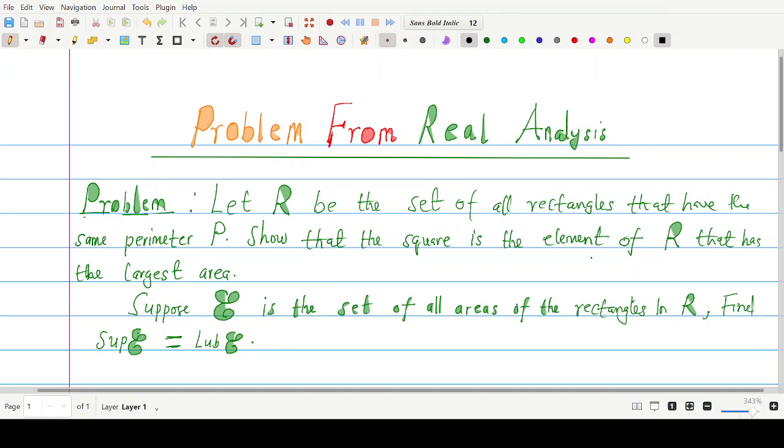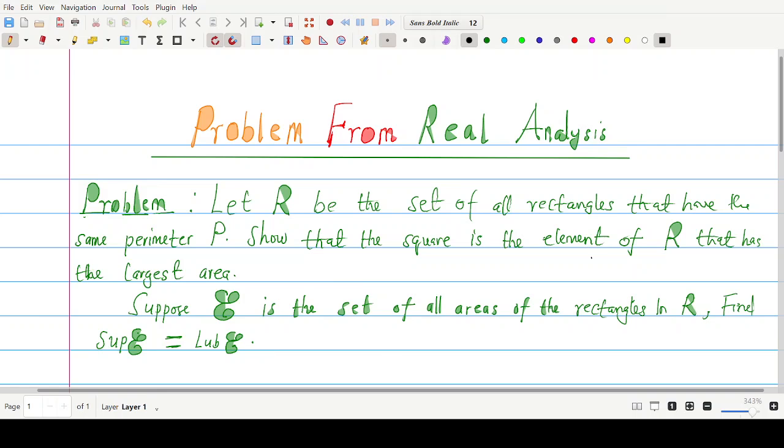Then it says, suppose ℰ is the set of all areas of the rectangles in R. Find the supremum of the set ℰ. And we know that the supremum of a set is otherwise called the least upper bound.